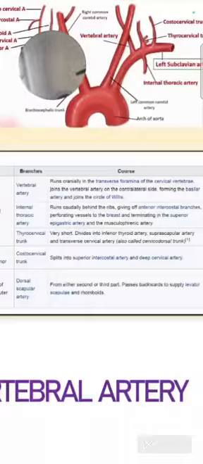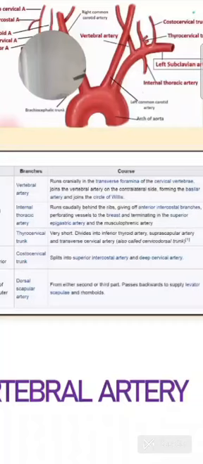So this is the first branch from the first part of the subclavian artery, and the second branch from the first part is the internal thoracic artery. This runs downwards, or caudally, just behind the ribs, giving off anterior intercostal branches, perforating vessels to the breast, and terminating in the superior epigastric artery in the abdomen and the musculophrenic artery.